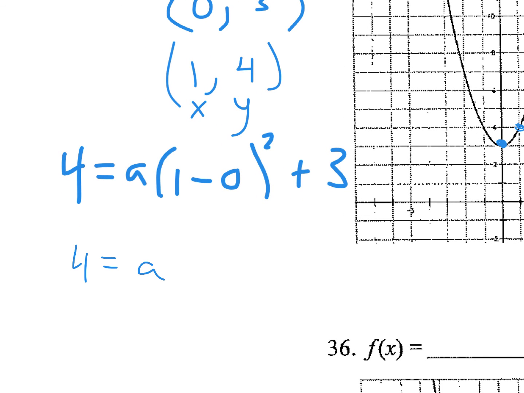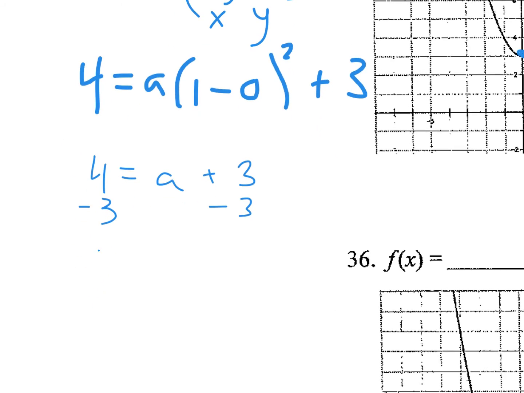So 1 minus 0 is 1. 1 squared is still just 1. 1 times a is just a. So 4 is equal to a plus 3. What should I do next? Subtract 3. So 1 is equal to a.